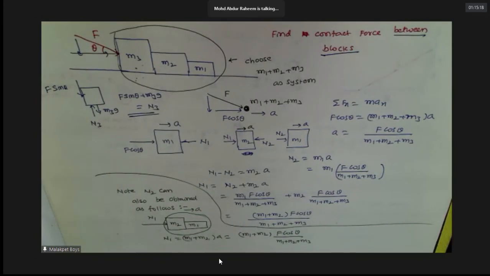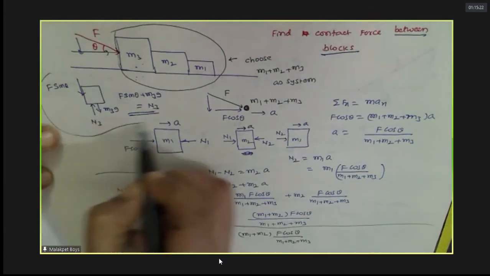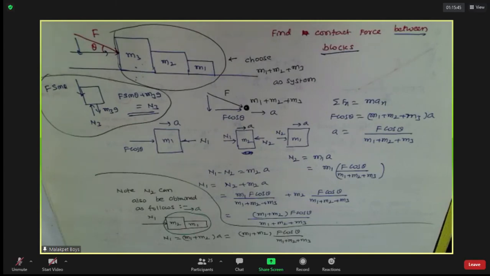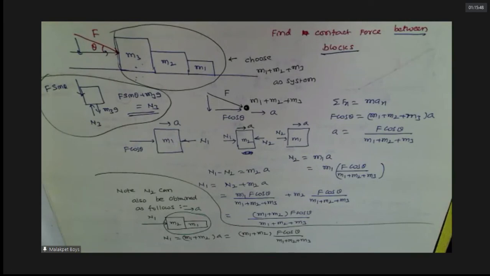Yes, sir, understood. Depending upon what he is asking, I will take it. Horizontal forces will not show any effect in the vertical direction, and vertical forces will also not show any effect on the horizontal one. Okay, sir, understood.